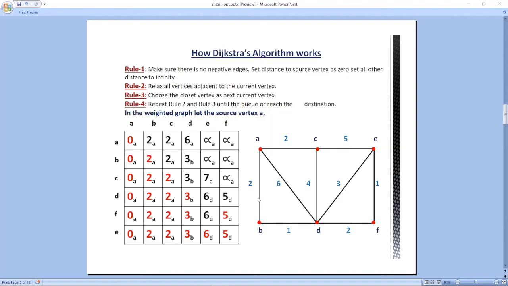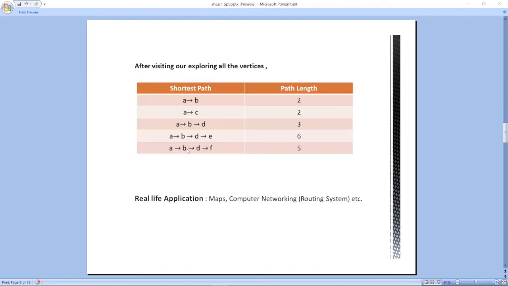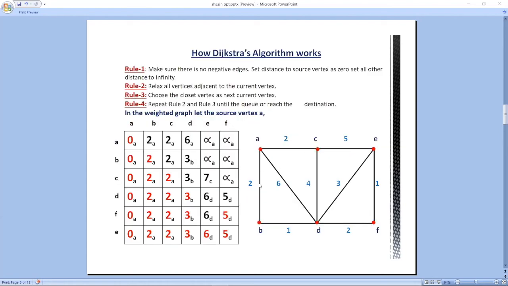Let me check once again: A to B is 2 units, B to D is 1 unit, so that is 3 units, and D to F is 2 units, so it will be 5 units. This is how the Dijkstra algorithm basically works.